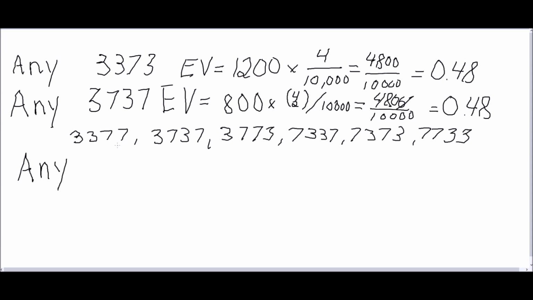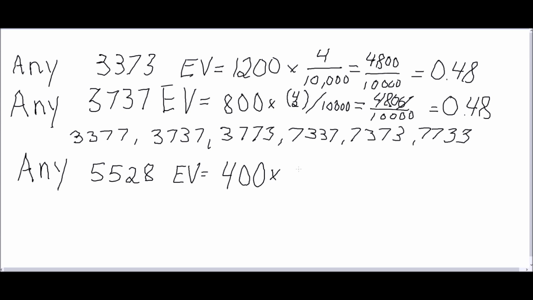And what if the player chooses something like 5, 5, 2, 8? Well, if the player wins on an any ticket with a draw like that, he can expect to win $400. How many ways can the player win?